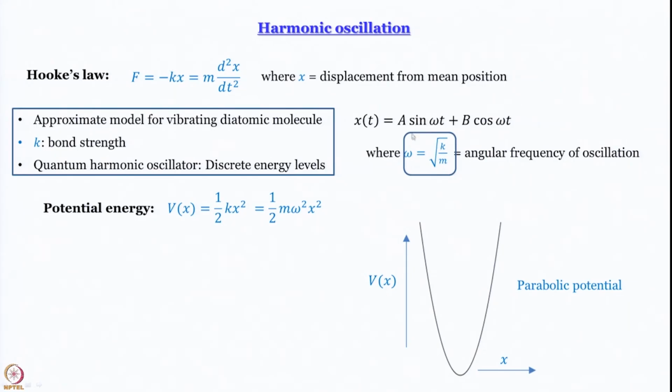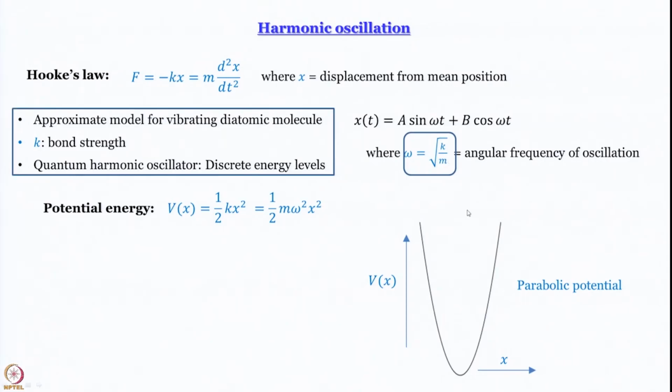So, in the classical domain, the solution for x, the displacement from mean position, would be a sin omega t plus b cos omega t, where omega is the angular frequency of oscillation. Please note the term angular frequency of oscillation. By the time we close the discussion in this module, we will have something to say about that. This angular frequency of oscillation is popular because it is simply root over k by m, where k is the force constant of the spring and m is the mass.